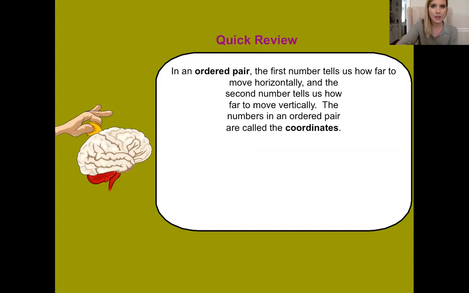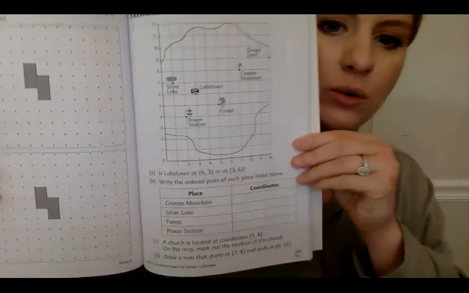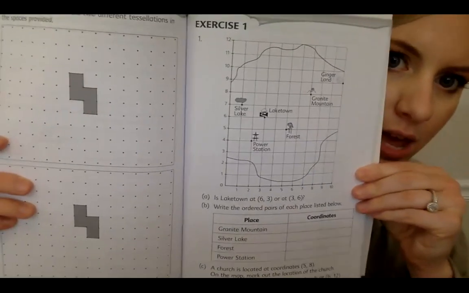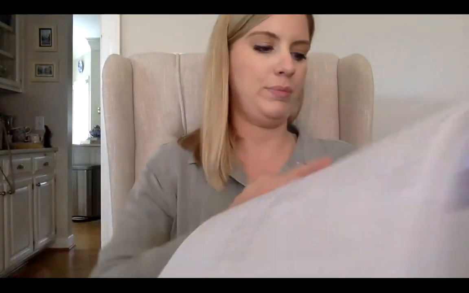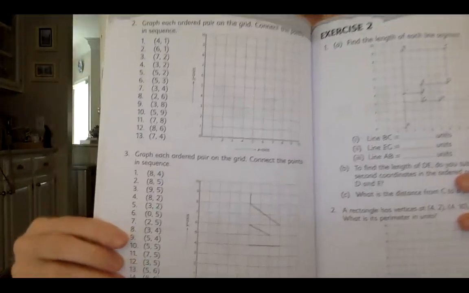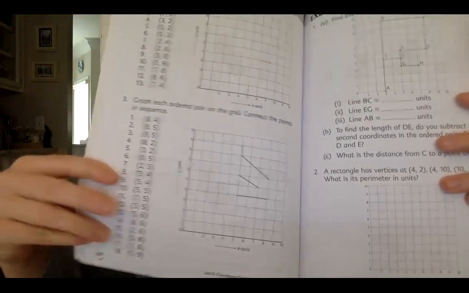All right, now you will need your workbook, your 4B workbook. So I'm going to share my screen with you once more in a second, but this is the page that you'll need, 107, exercise 1. It has a little map, and you will also flip the page and you will be working on 108.